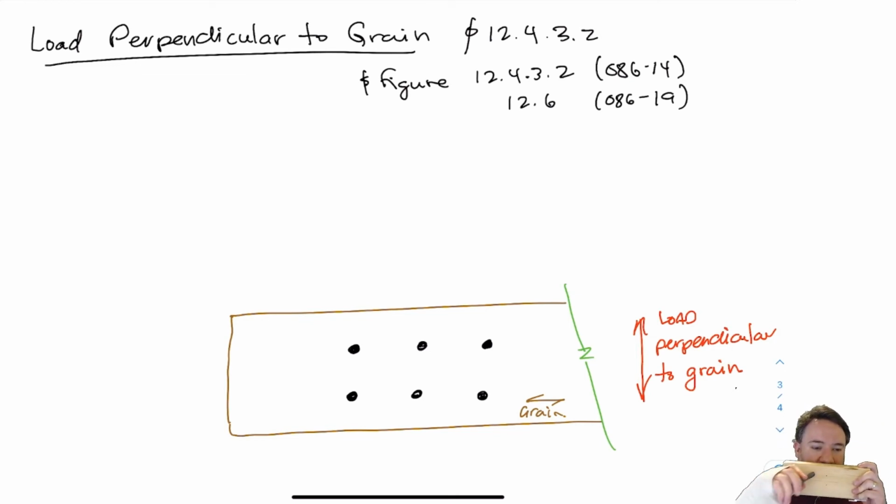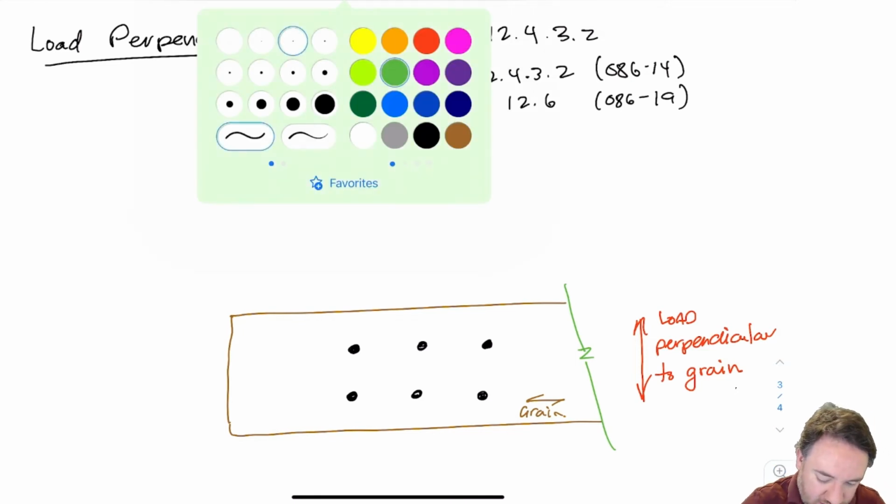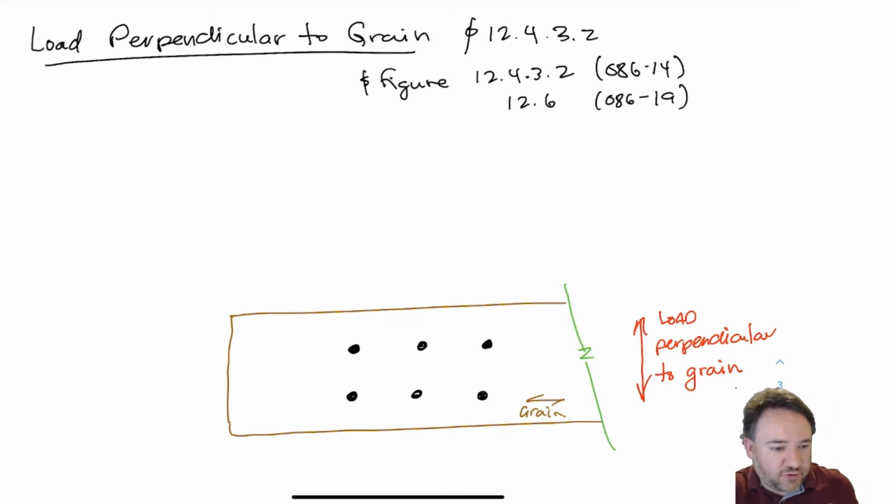So if I'm holding the bolt steady and the connection is moving, the bolt is either going to move down or the bolt is going to try to push up. Okay, so we have different spacing requirements for these, and they're going to look like this. So again, the parameter names are a bit different for 08614 or 08619, but the requirements are identical.